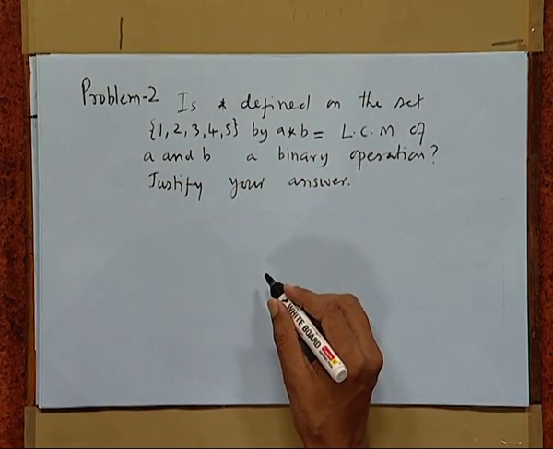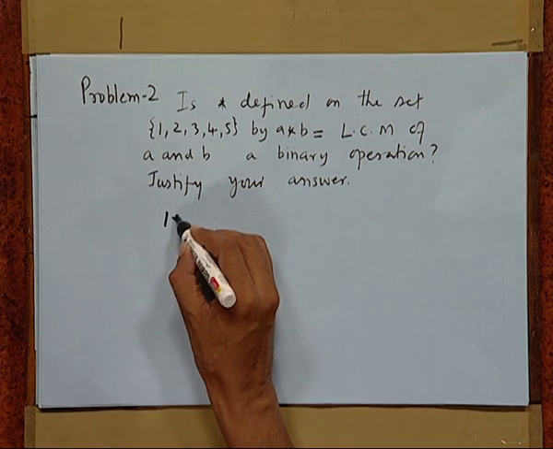In any case, we have to justify our answer, maybe yes or no. Please recall, we were insisting that the output of an operation should belong to the set, otherwise it will not be a binary operation.